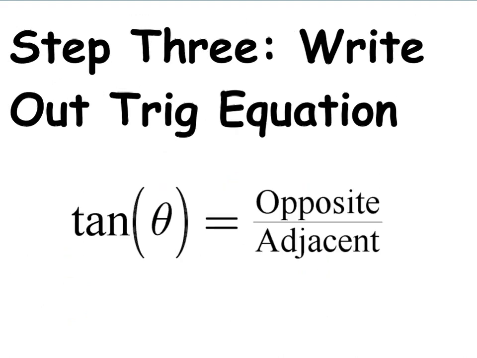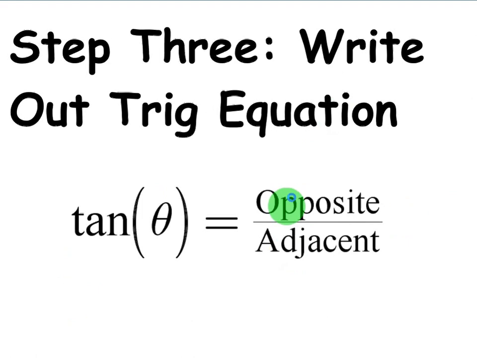The next thing you're going to do is write out the definition of the trig function you chose. In this case, we chose tangent, so we write O over A. Had we chosen sine, we would write O over H. So you write out the trig definition, and then plug in what you know.